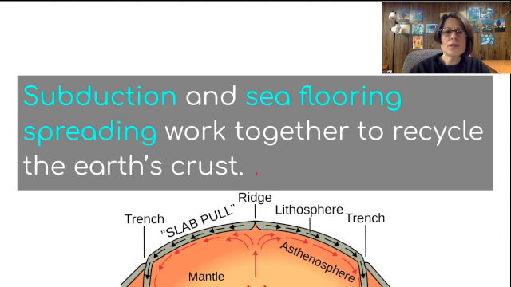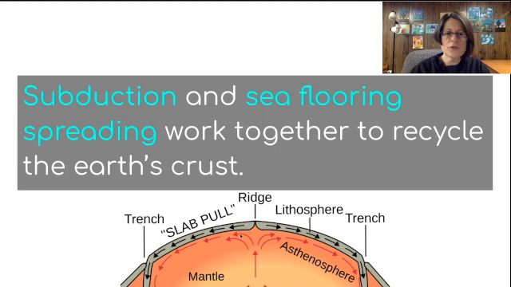So subduction and seafloor spreading work together to recycle the Earth's crust. If we take a look here, oh, there's my pointer. Okay, so right here we have the crust diverging. It's pulling apart. It is moving and being subducted over here.